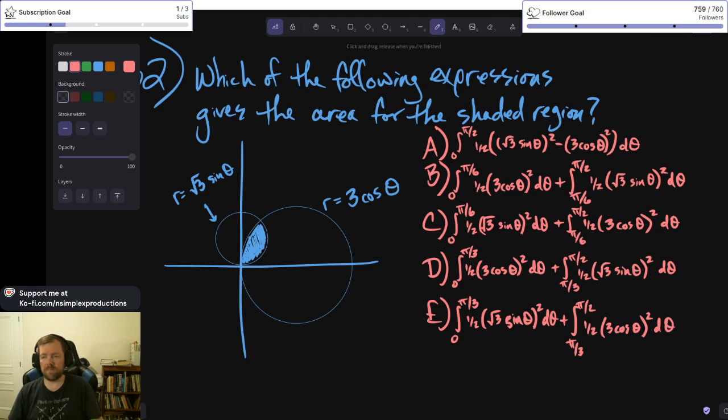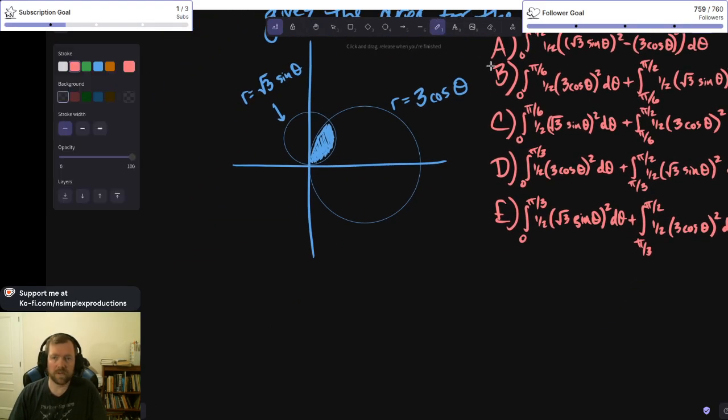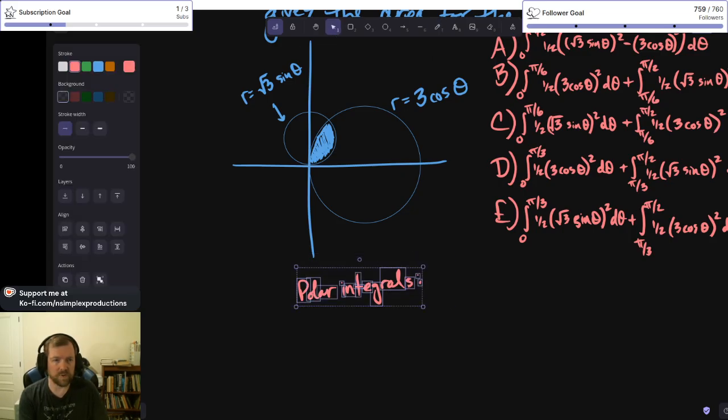So the correct way to go about this, because this is in polar coordinates, is to look at individual sectors.